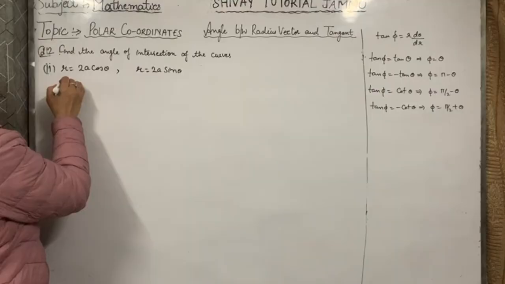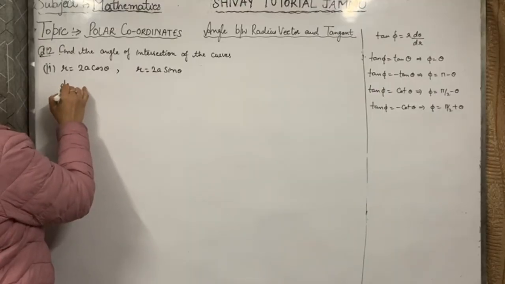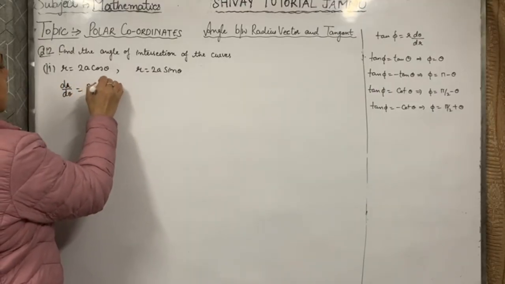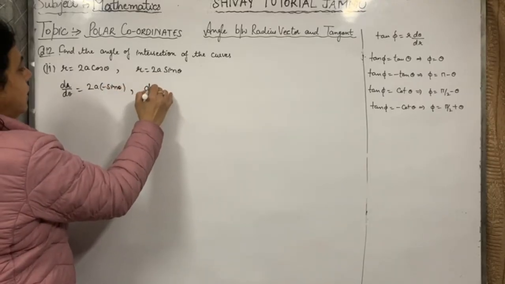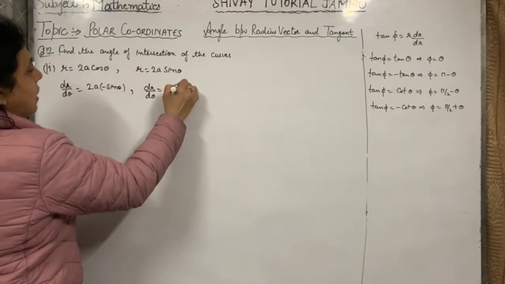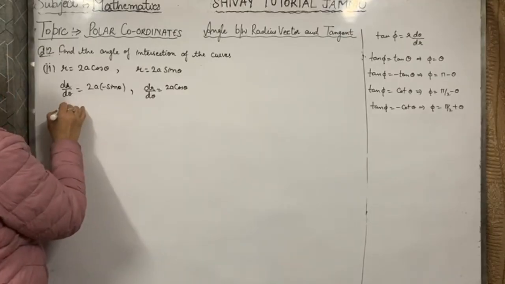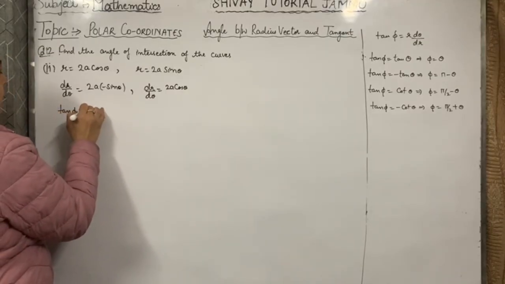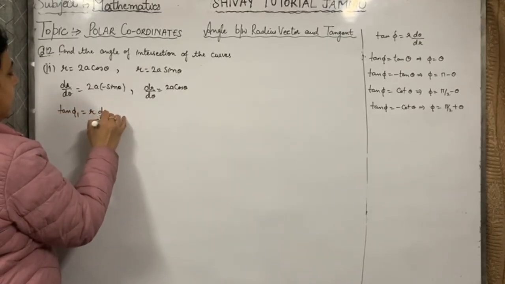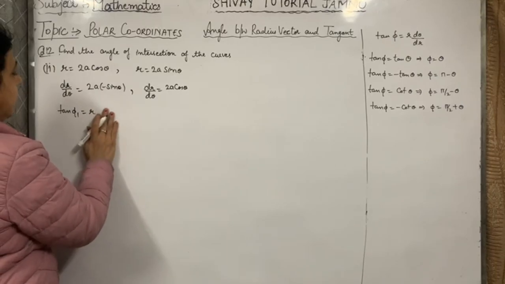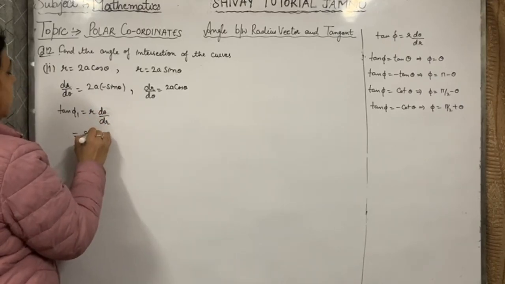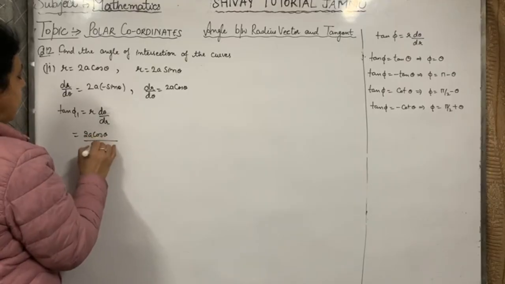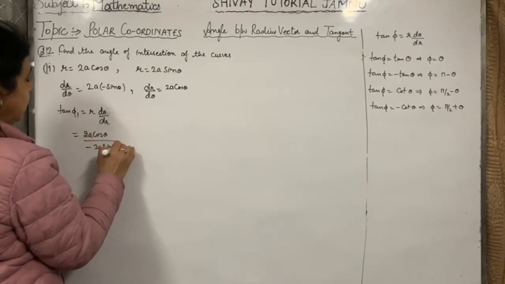Next, r is a cos theta. Dr by d theta is -2a sin theta, and for the second, dr by d theta is 2a cos theta. What is tan phi 1? That is r d theta by dr, 2a cos theta upon -2a sin theta.